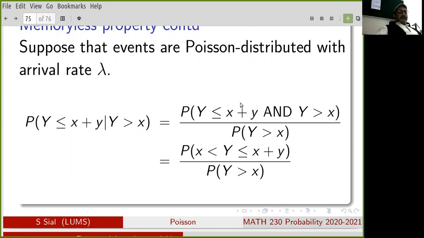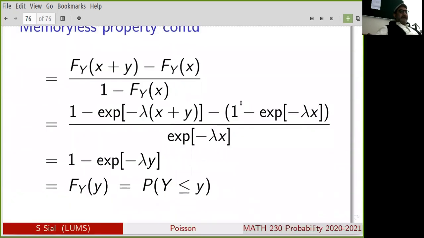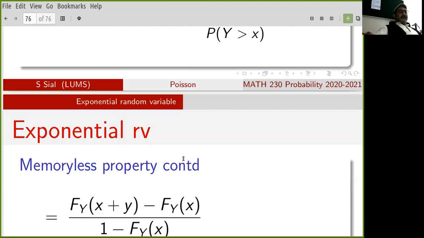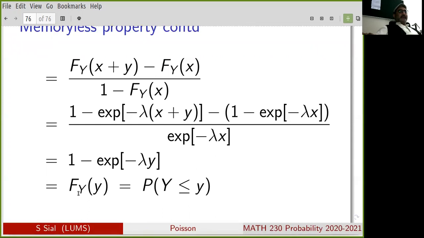If you do the calculations using the definition of conditional probability, then you can write that in terms of the cumulative distributions. And then when you sort that out, this is just going to be equal to the CDF of y, which is the probability that Y will be less than or equal to small y.